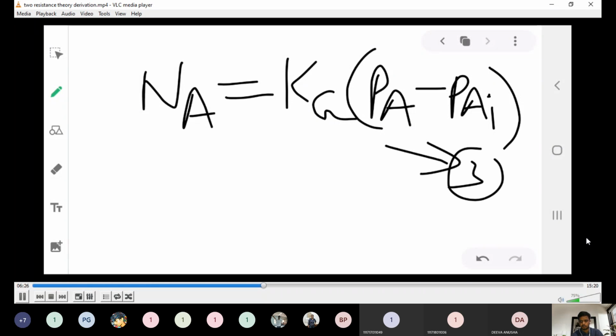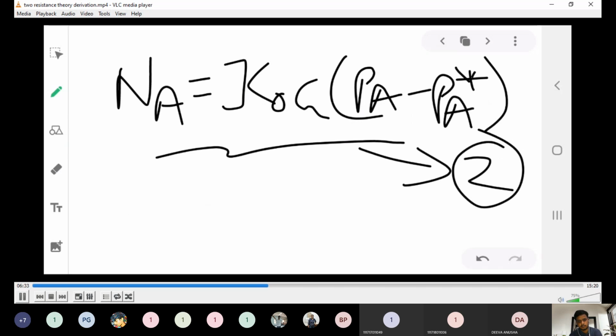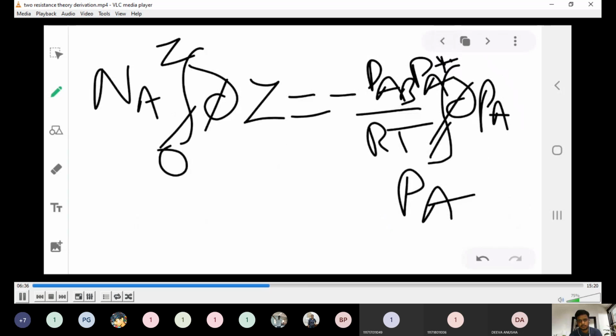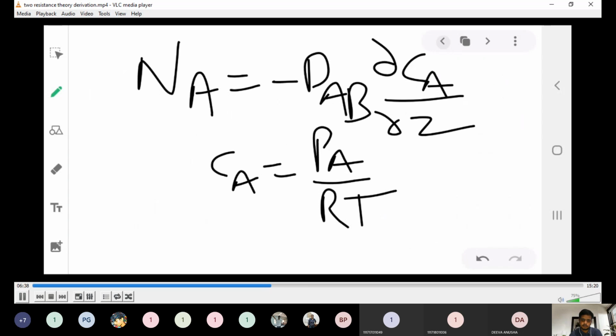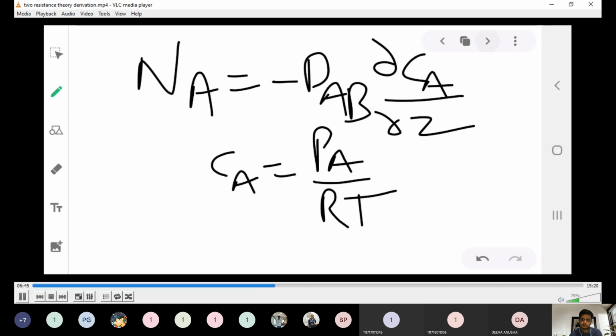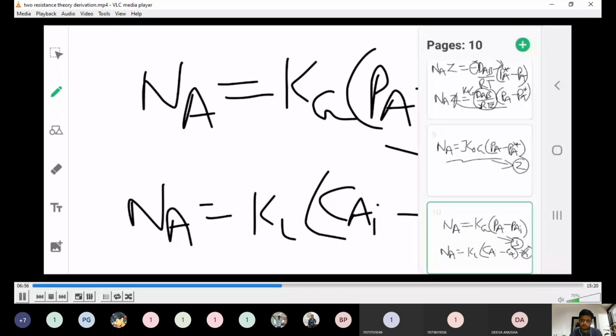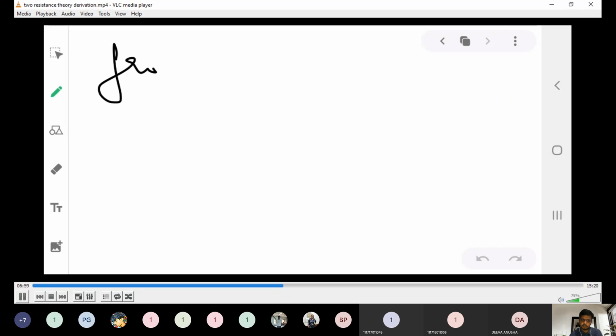Consider this as equation 3, and for the liquid phase we can write NA is equal to KL into CA star to CA, it is varying, so we can write CAI minus CA. This is equation 4.